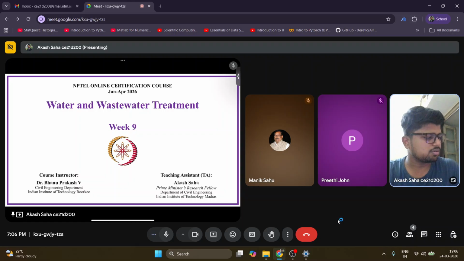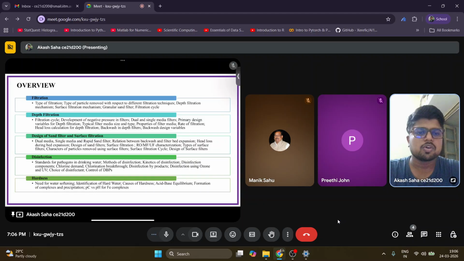We will quickly go through the contents of week 9 lectures. This week we started off with filtration. What are the different types of filtration mechanisms? The depth filtration mechanism, the surface filtration mechanism, and the different filtration cycles. Then we discussed in detail about depth filtration: the concept of negative pressures, the single and dual media filters, backwashing, and rate of filtration.